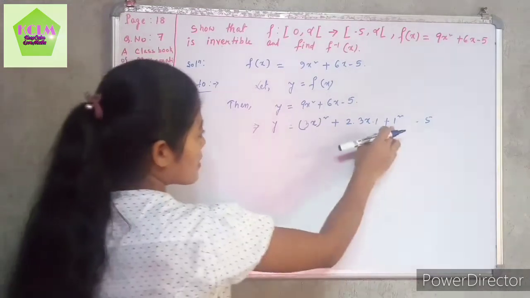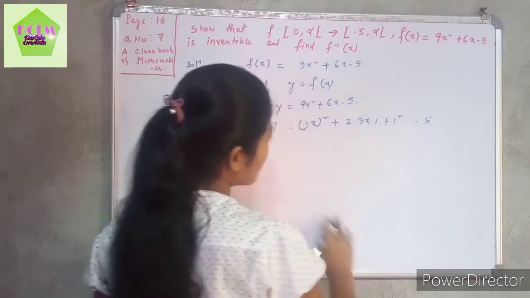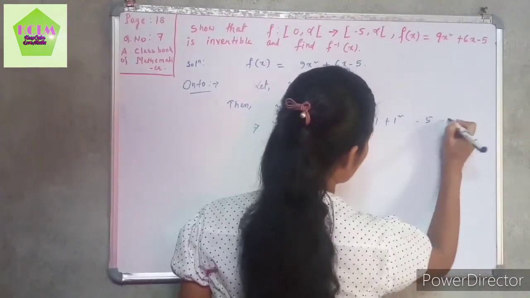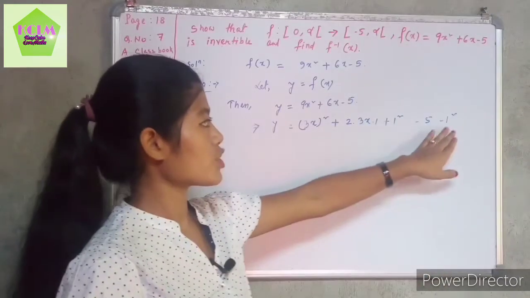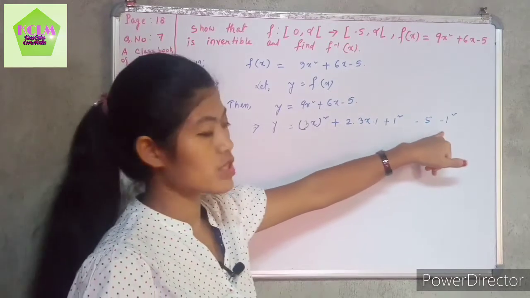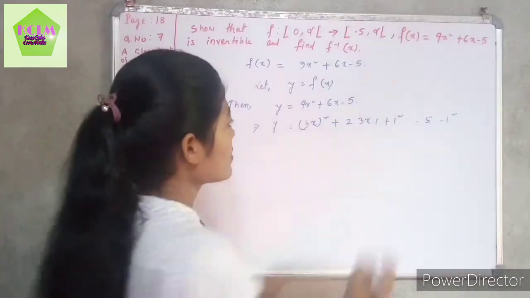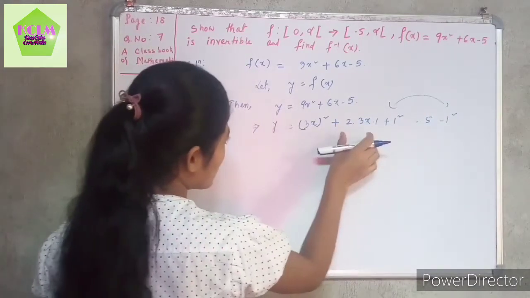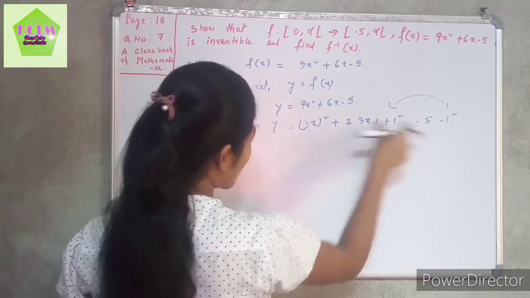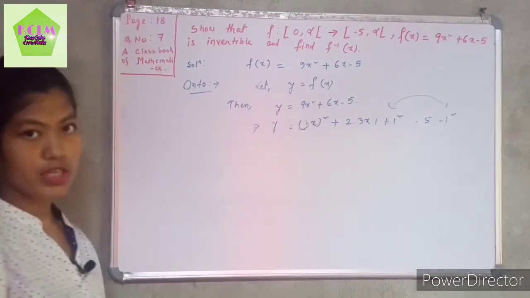Therefore, this should be removed. So I will add another minus 1 square term such that 1 square minus 1 square cancels out, and the remaining 3x square plus 2 into 3x plus 1 minus 5 will be the same as the above expression.